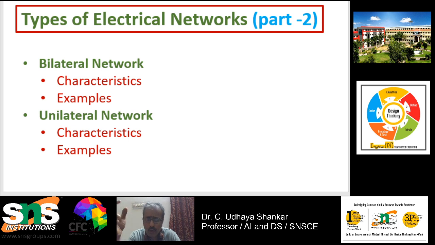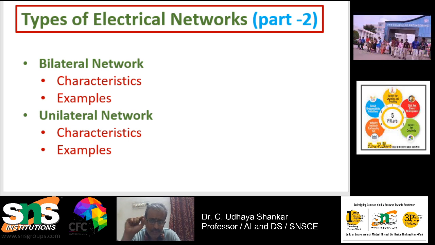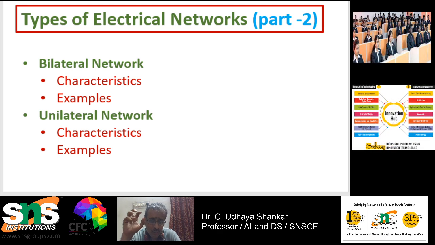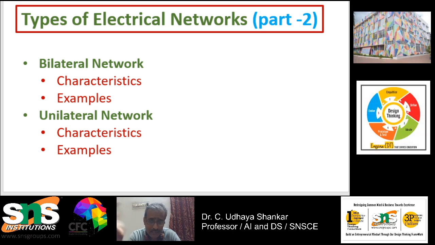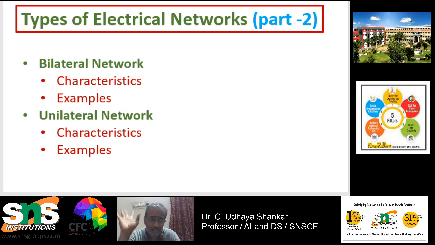Then what do you mean by a unilateral network? From the name itself, you can understand that bilateral means both directions, and unilateral means only one direction. For example, there are some circuits which behave in a different way if the current direction is changed. The behavior is dependent on the direction of current through the elements in the circuit.